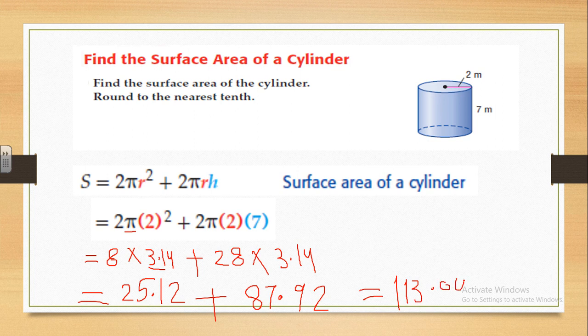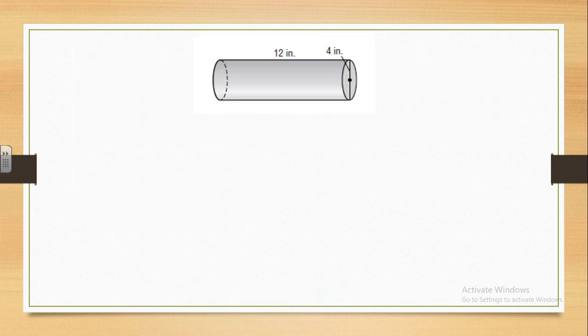But he tells you to round to the nearest tenth. So underline the tenth, look at the digit after it, it's 4, so the zero is still the same, so it will be 113.0, and that equals 113. Okay, you get it? That's great. Let's see the next one.